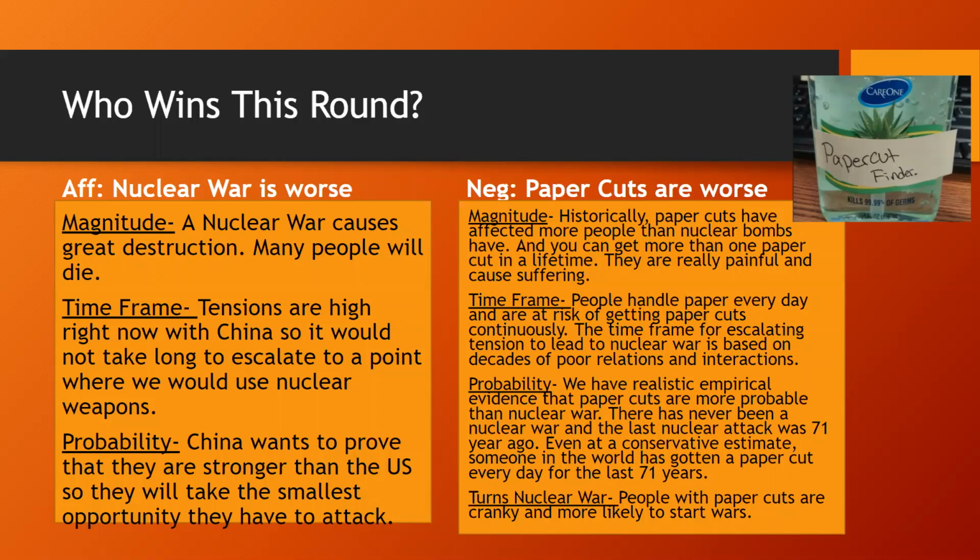For probability, we have realistic empirical evidence that paper cuts are more probable than nuclear war. There has never been a nuclear war, and the last nuclear attack was 71 years ago. Even at a conservative estimate, someone in the world has gotten a paper cut every day for the last 71 years. Turn nuclear war: people with paper cuts are cranky and more likely to start wars.